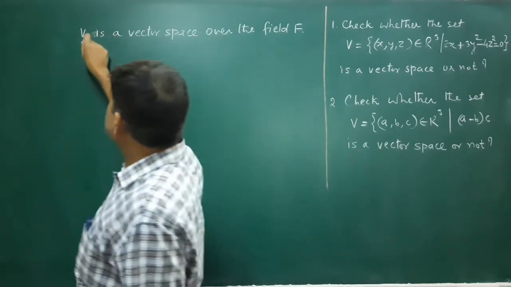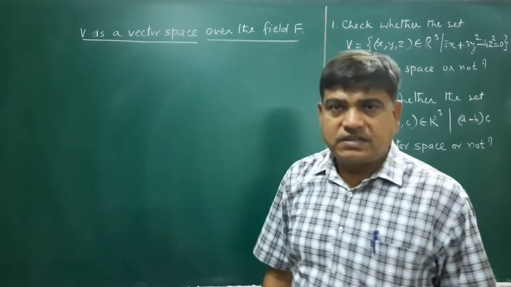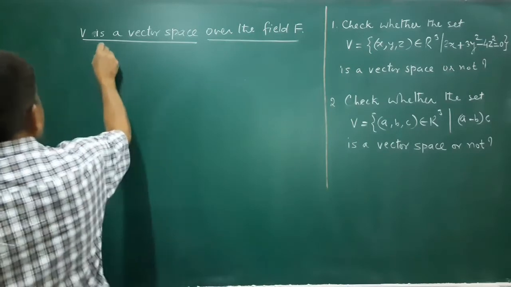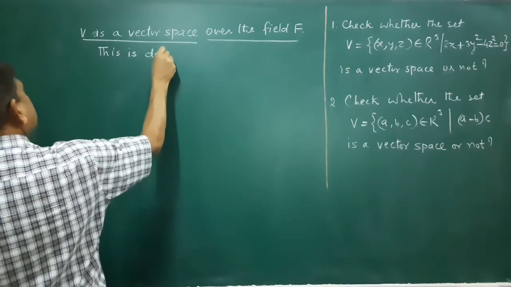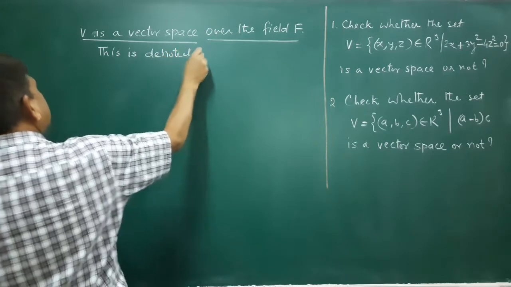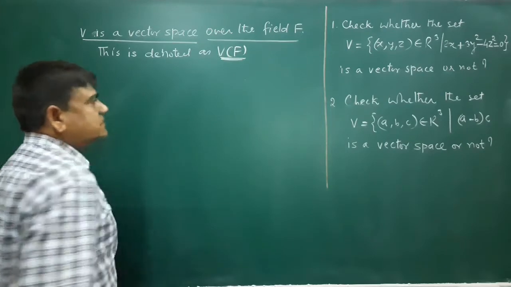V is a vector space over the field F. This is denoted as this one.